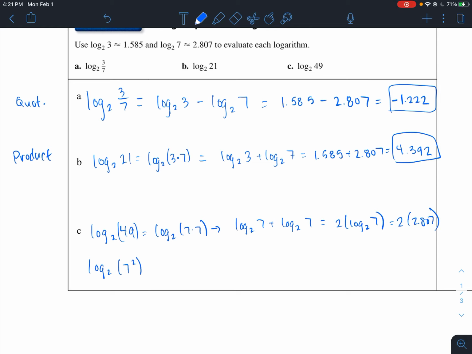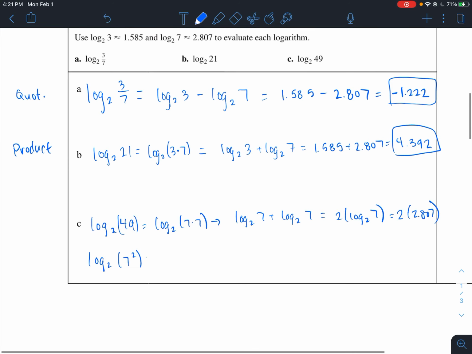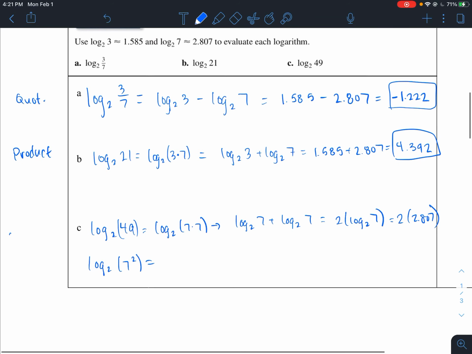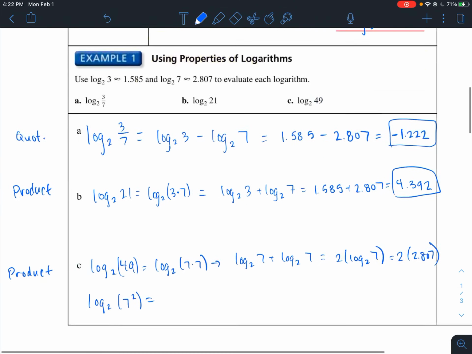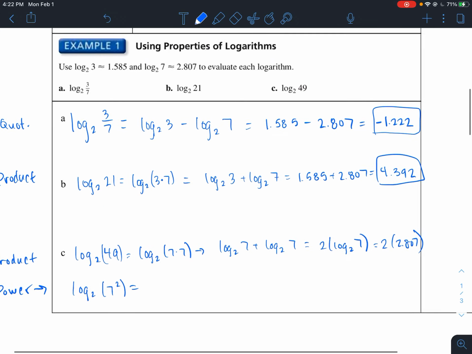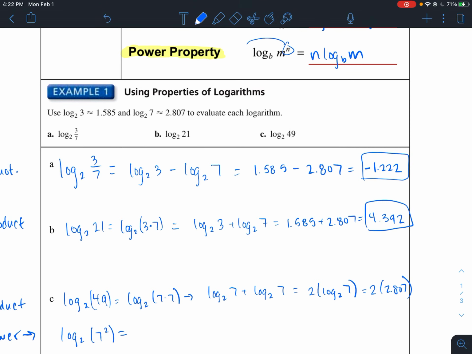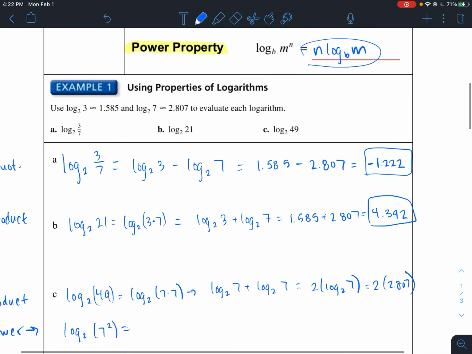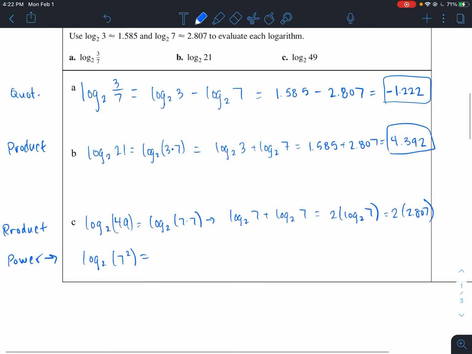Alternatively, we could use the power property instead of the product property of logarithms. The power property states that the exponent can be brought out to the front and multiplied. So I could take this 2, bring it out front, so this is 2 log base 2 of 7.